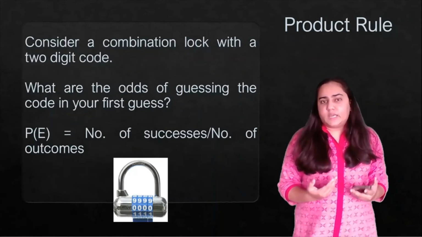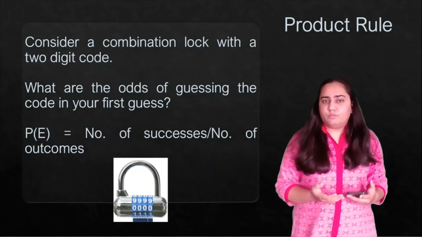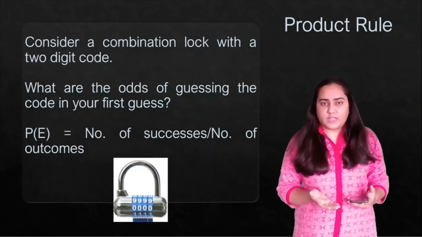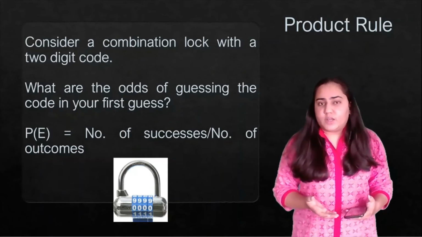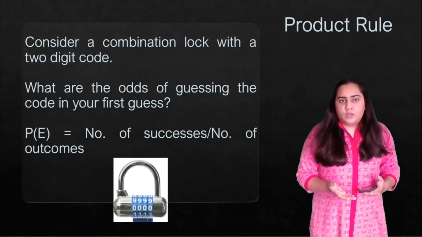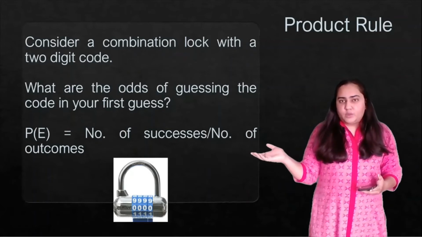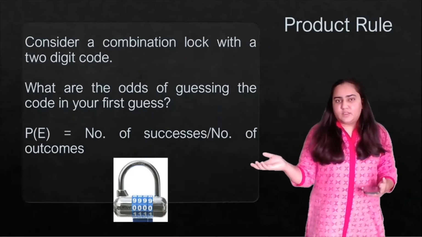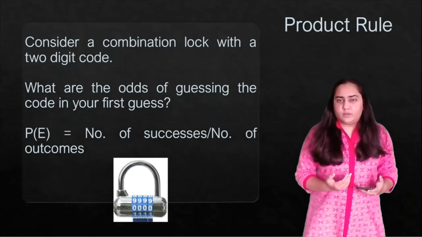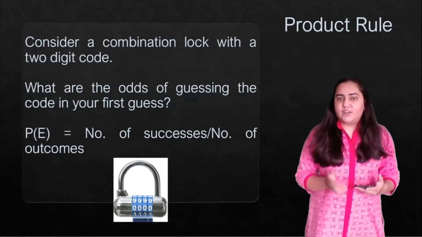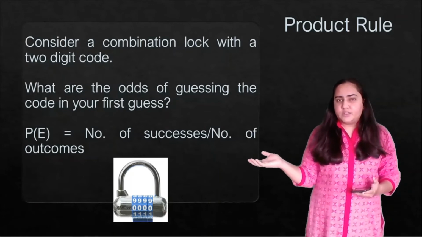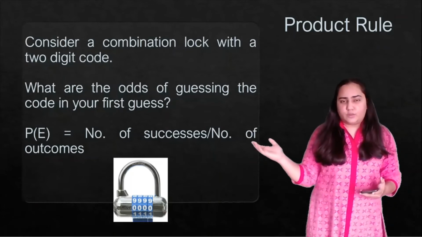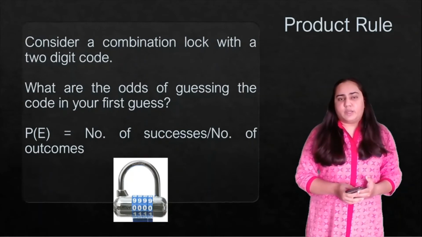What would be the probability of getting it correct in the first guess? So first of all, the probability of E, which means the event that I guessed the lock code correctly in my first guess, is equal to the number of successes divided by the number of outcomes.